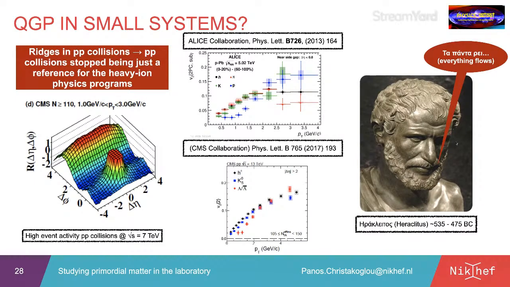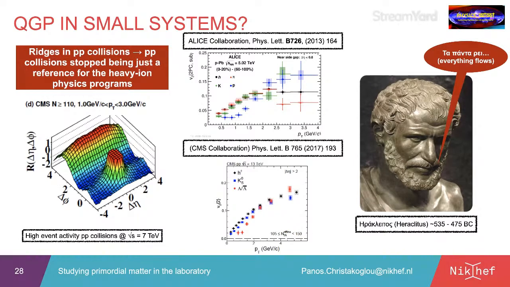However, there is a change of paradigm that took place starting from 2010 at the LHC, where we started seeing similar effects. I don't have time to go into detail.